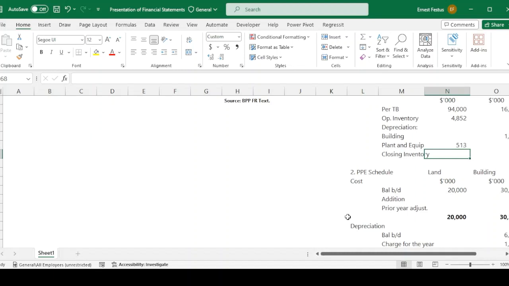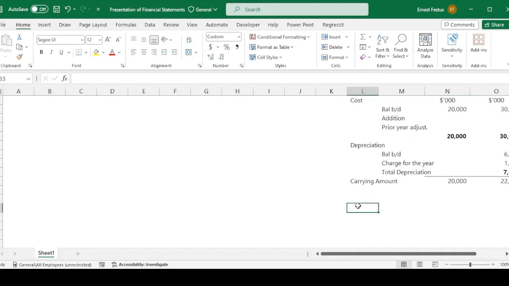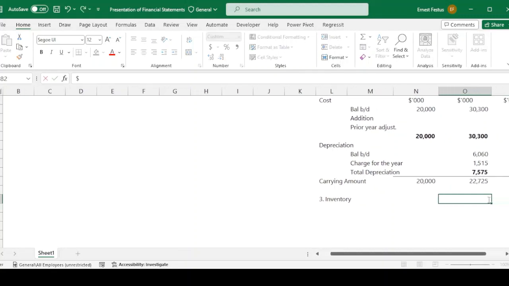So let's quickly go to workings number 3, and I have inventories. So I have inventory, and what I'm going to have here is, so let me bring the 3 zeros.